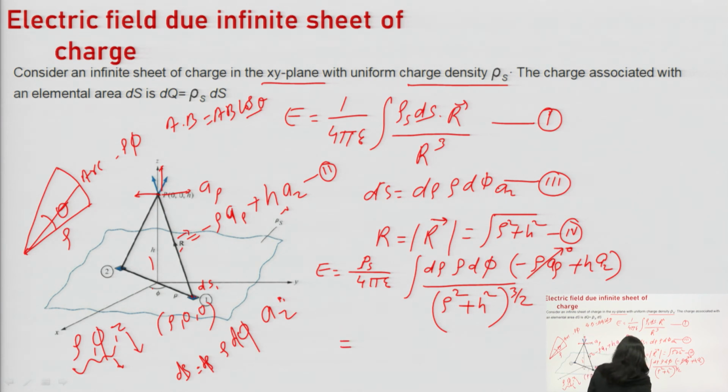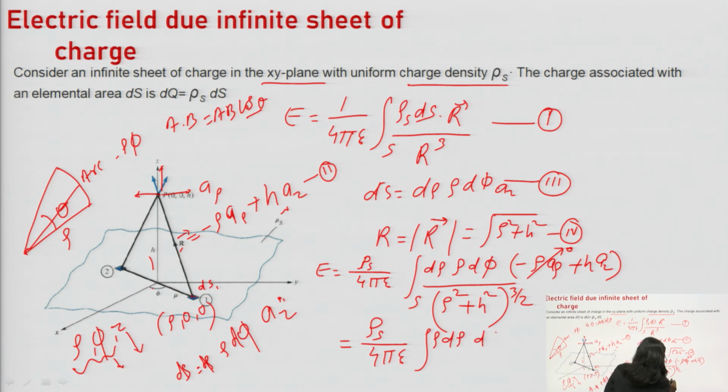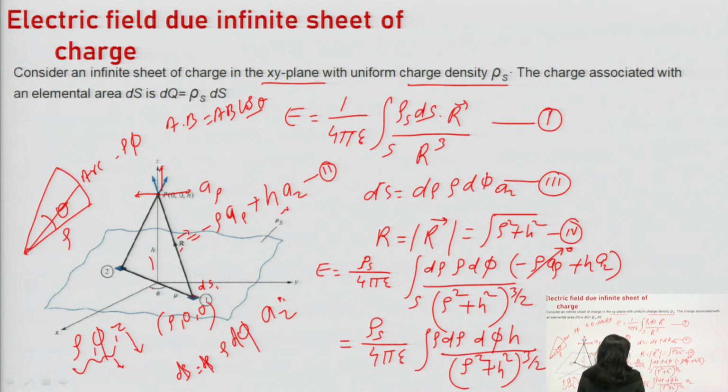Now our equation is simplified and it becomes rho s by 4 pi epsilon, integral d rho d phi h by rho square plus h square to the power 3 by 2 a_z.